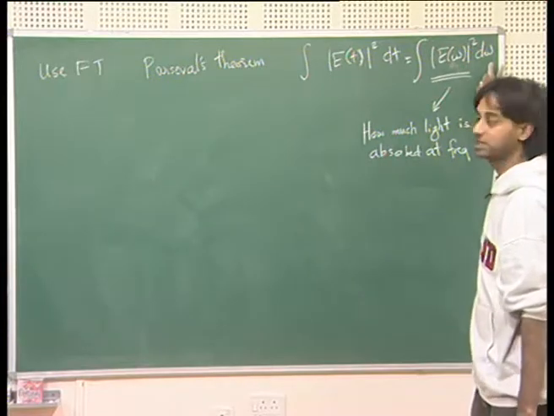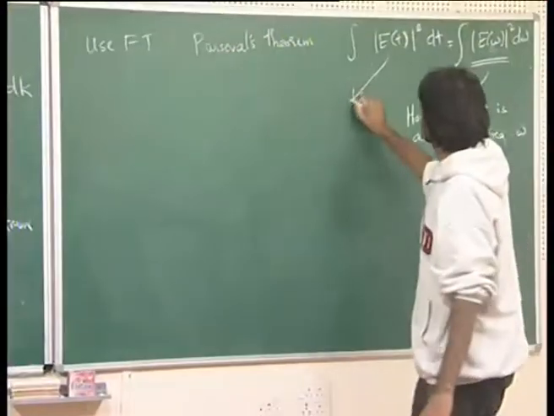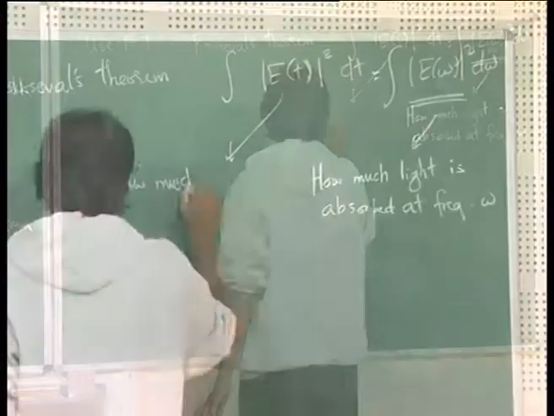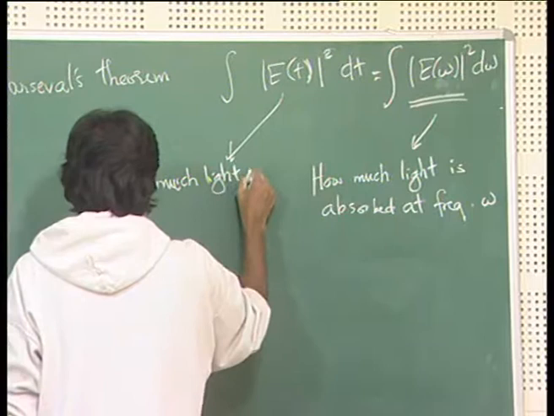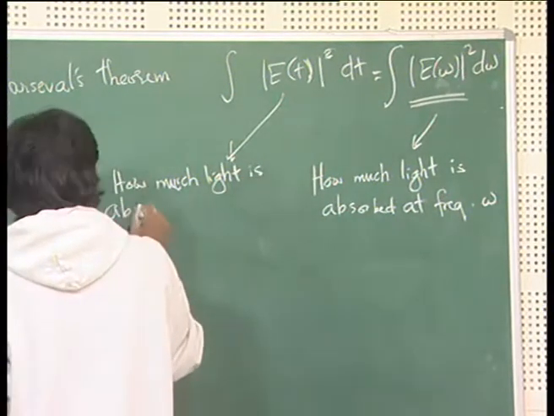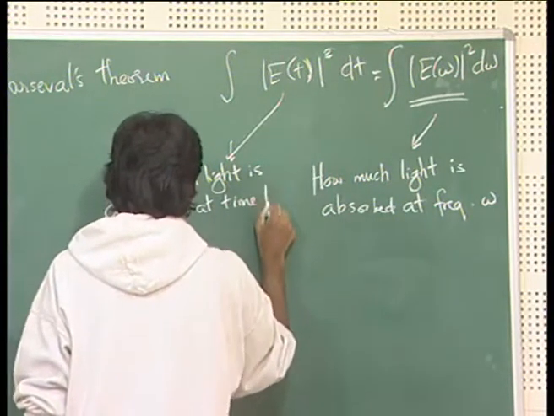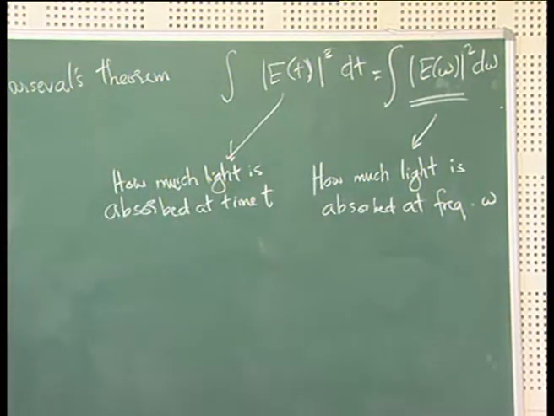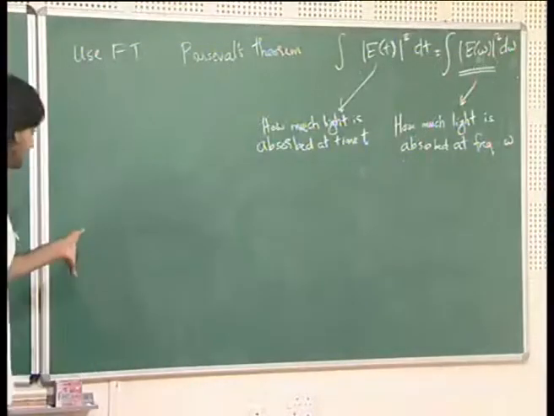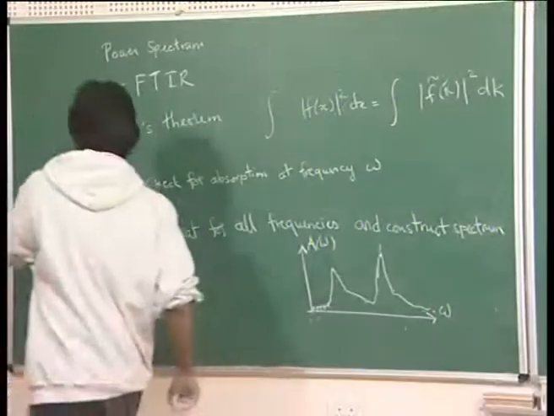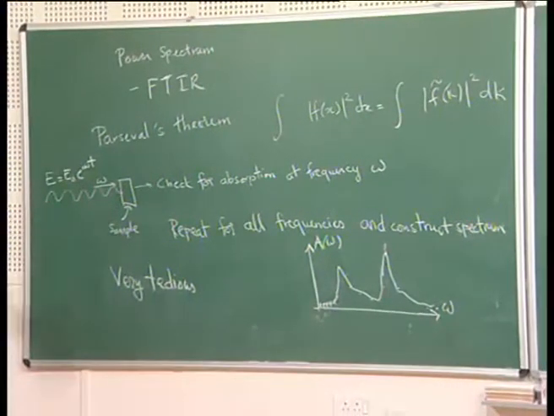If you integrate over all omega, that is the same as how much light is absorbed at time t. So, the strategy is very simple. Instead of sending light of a single frequency, you send lights of various time durations.